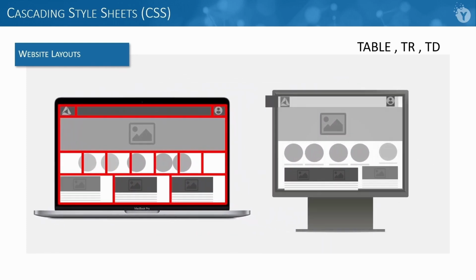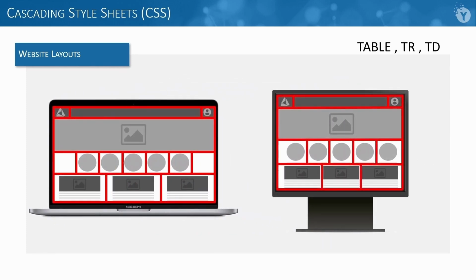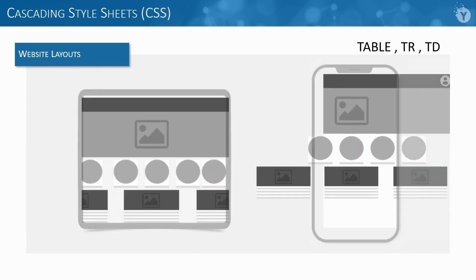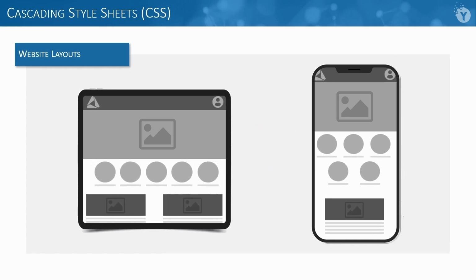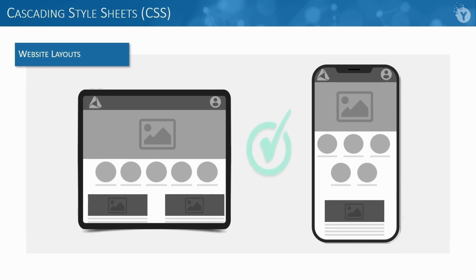This was fine back then as smartphones weren't a thing, so everyone viewed a web page on a desktop or laptop computer, all of which had similar size screens. Tables offered enough flexibility to adapt just enough to different screens in terms of cell sizing, but that was about it. However, when tablets and smartphones arrived, HTML tables were no longer enough. That's when HTML and CSS evolved into other things like floats and absolute positioning. But even with these, it was very hard to create a responsive website that looked good on all devices.